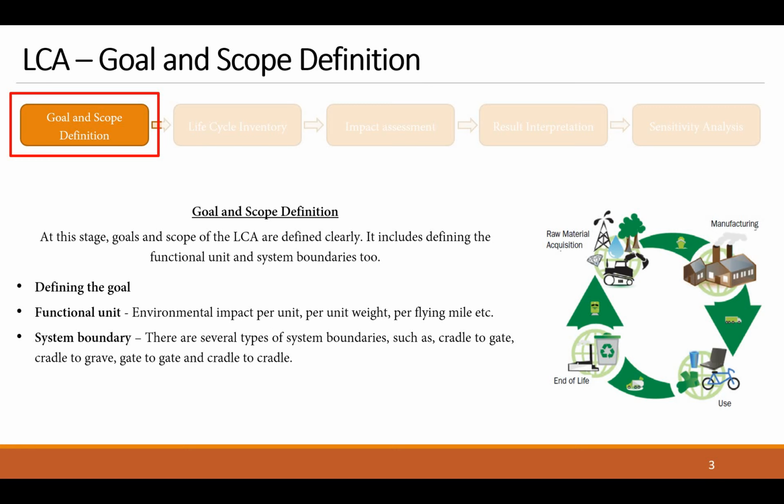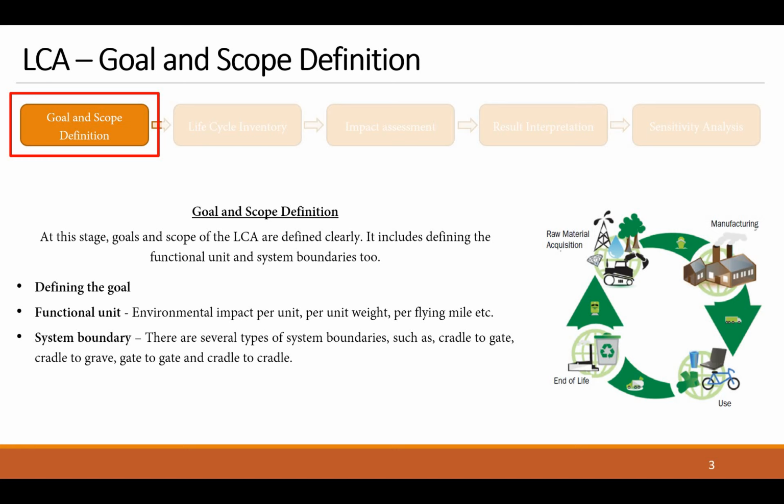Or our goal could be to make a product which serves well as per the policy or governmental guidelines in terms of environmental impact, then our goal is very different. Or maybe our goal is just to look into the greenhouse gas emissions of that product rather than any other kind of emissions that product might be having.